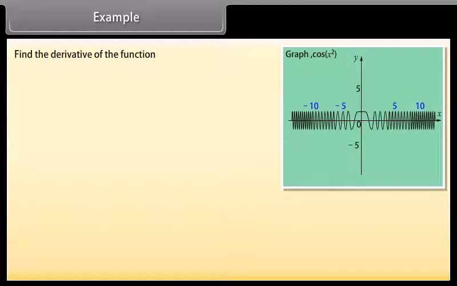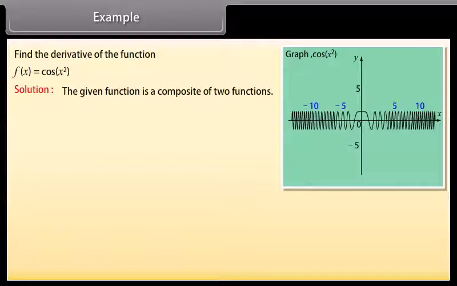Example. Find the derivative of the function f of x is equal to cos of x square. Solution. The given function is a composite of two functions. Let t is equal to x square and v of t is equal to cos t.